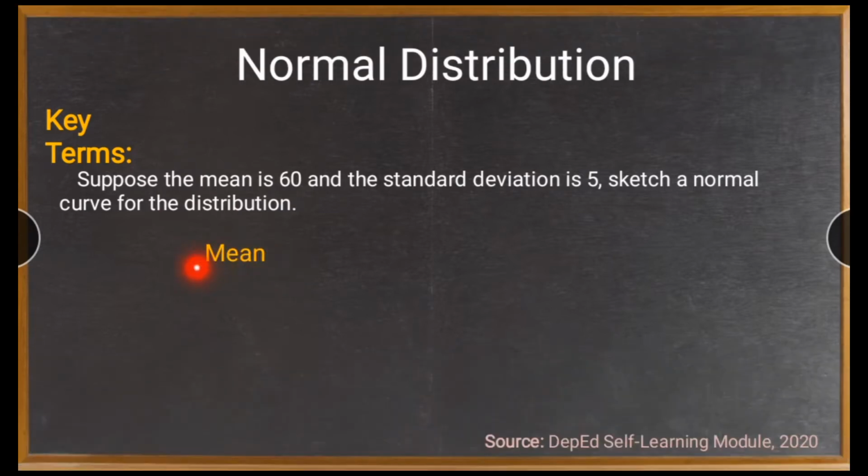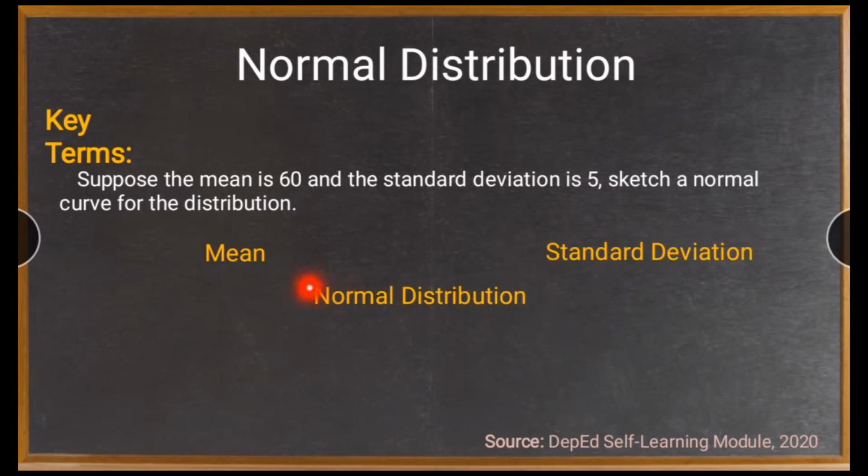Mean is simply the average, but we will give details later when we relate this to a normal curve. We also have standard deviation. It is the spread. And the standard normal distribution is a normal distribution with a mean of 0 and a standard deviation of 1.